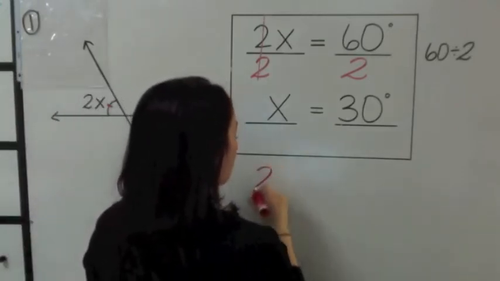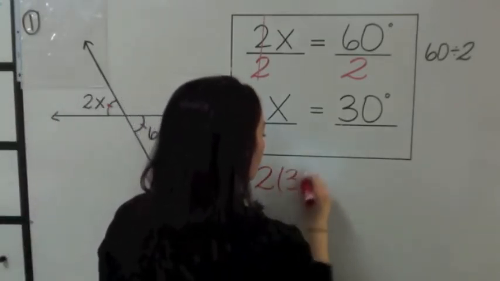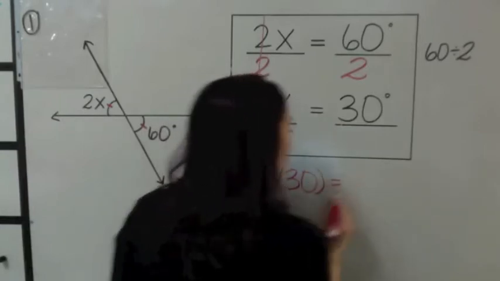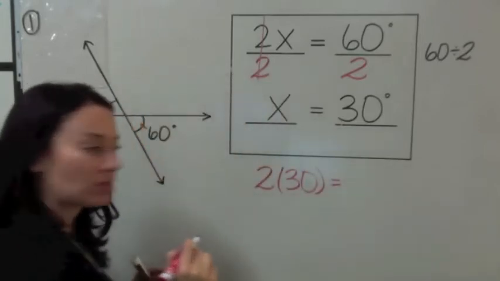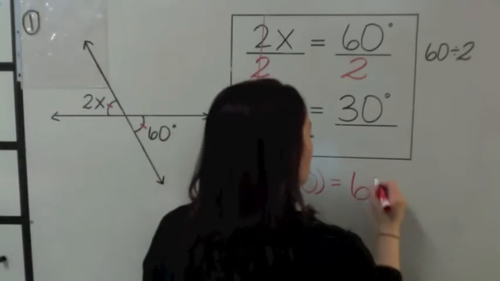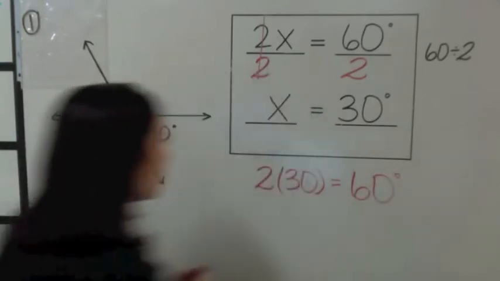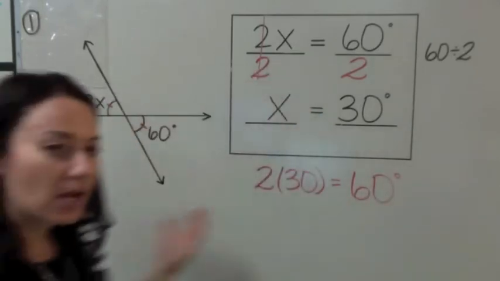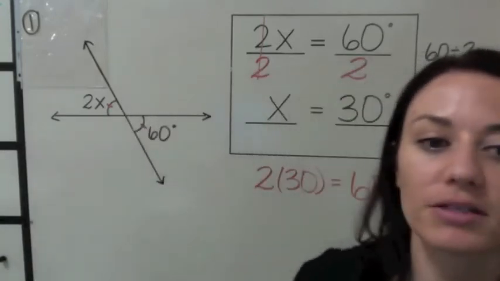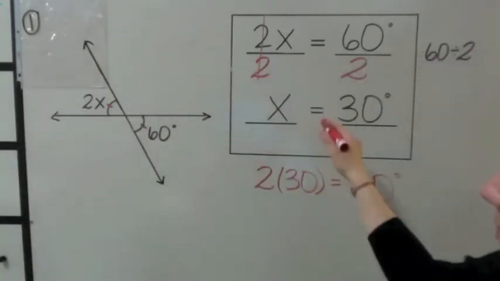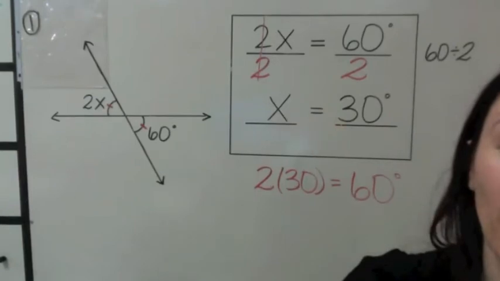If we plug it back in, 2 times 30 should give me what? What's 2 times 30? It's 60, all right? So all we're doing is now using what we know about vertical angles and about algebra to solve for x.